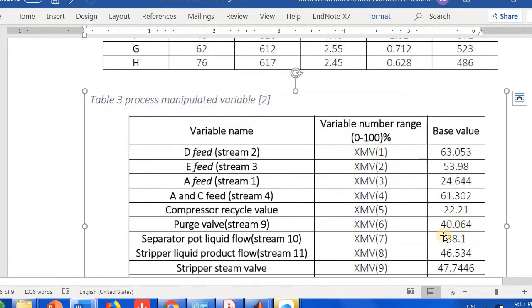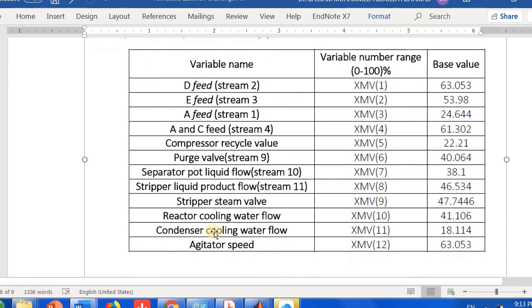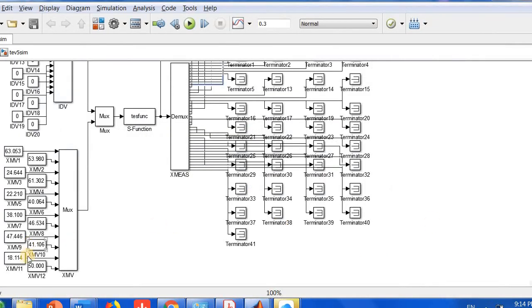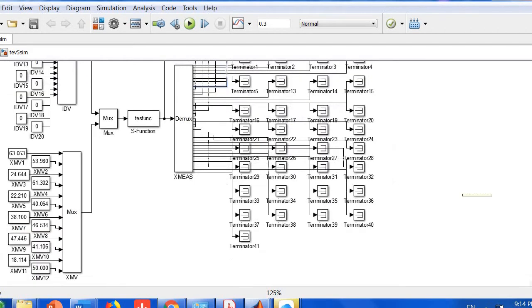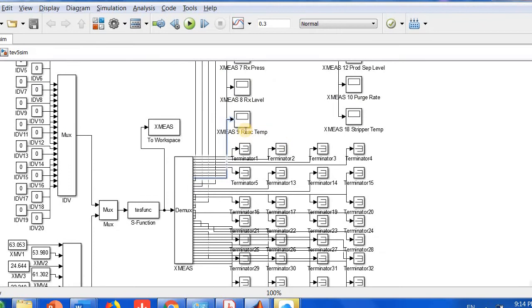If we go, for example, to the manipulated variable of the cooling water for the reactor, it's XMV10, which is 41.106. And it tells you here that's number 10, 41.106. Of course, for example, you're measuring the reactor temperature, which is X measured 9, and you enter this to a comparator where you put the set point, and you have the error.